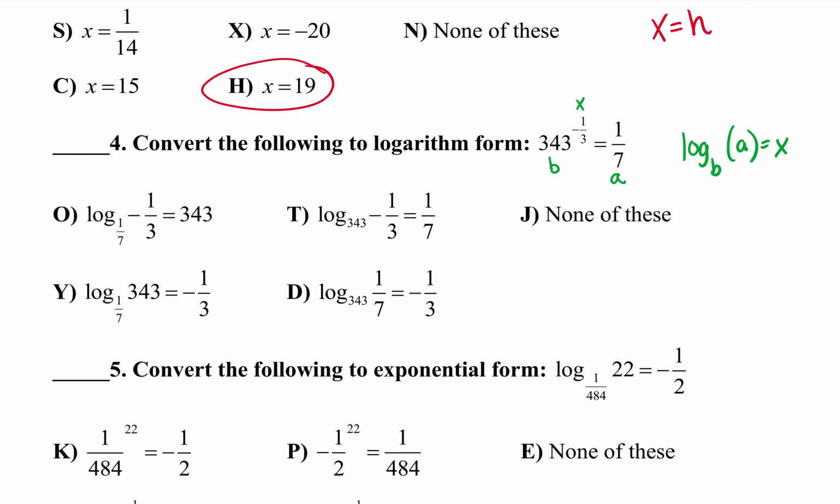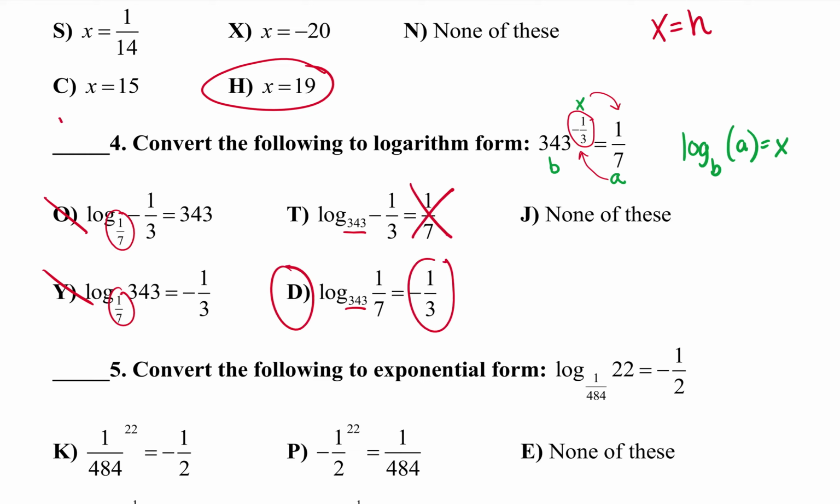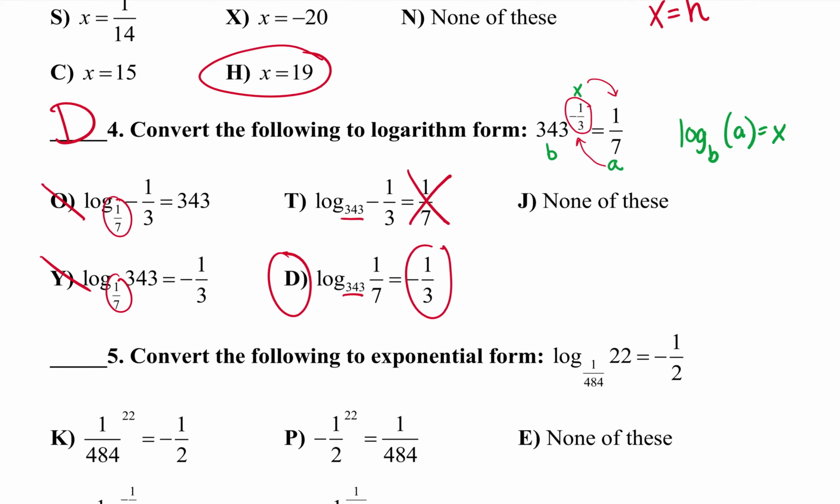So if I go through these, that's wrong, okay. These are okay. And then notice, here's my exponent, but it ends up on the other side, so my x switches places with my a. So that means I should be equal to negative 1/3, which is right here, not right there. That's D. Okay, that didn't take very long.